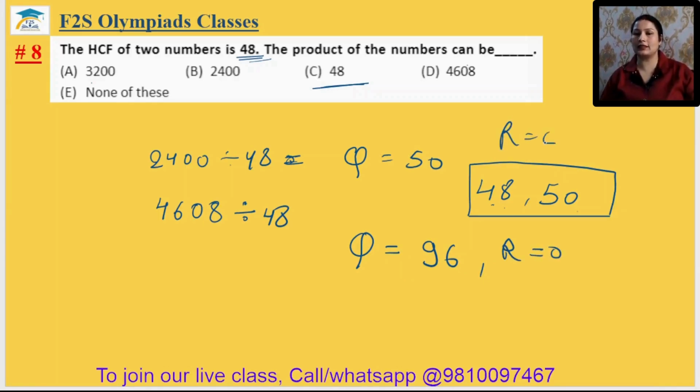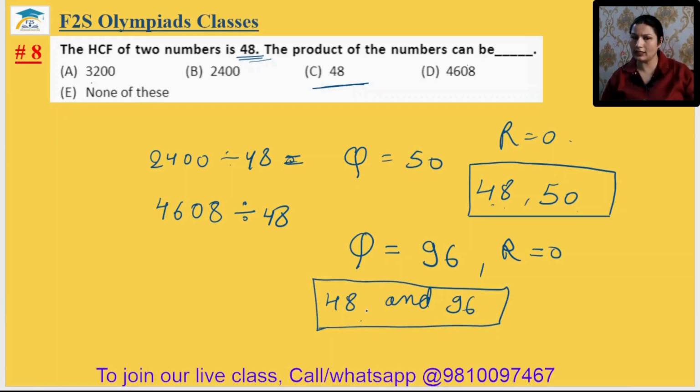In this case, remainder is 0. If we take 48 and 96, its HCF can be 48. Yes, its HCF can be 48 because 2 times 48 is 96. So that's why we will choose option D. Eighth answer is option D.